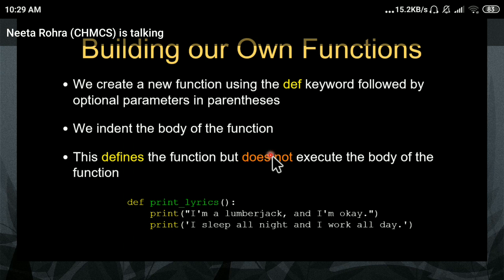You'll require a def keyword for starting the body. The parameters are optional. If your function requires some input, you'll write the arguments in the parentheses, else you'll skip them. This def, whatever follows next, will define your function.